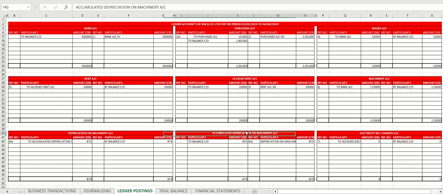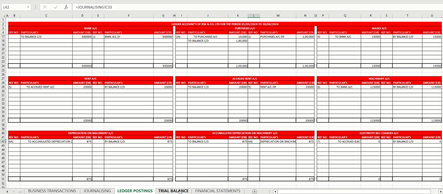And the other one is the accumulated depreciation account, by depreciation on machinery account, and this needs to be closed out, carrying forward the balance in this account directly to the accumulated depreciation on machinery account. Okay, hope this is clear.